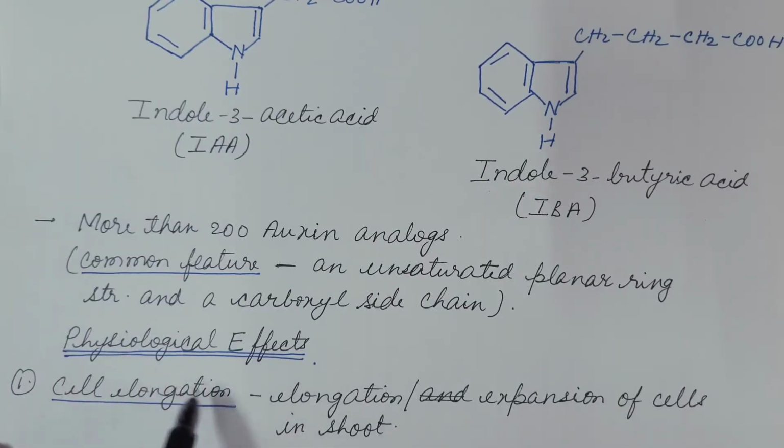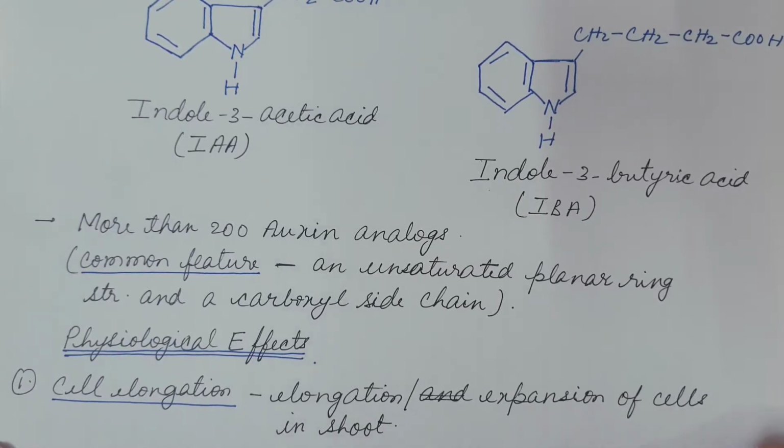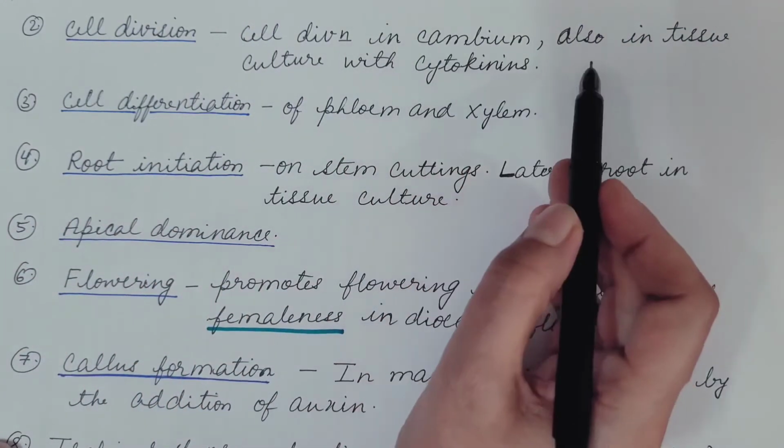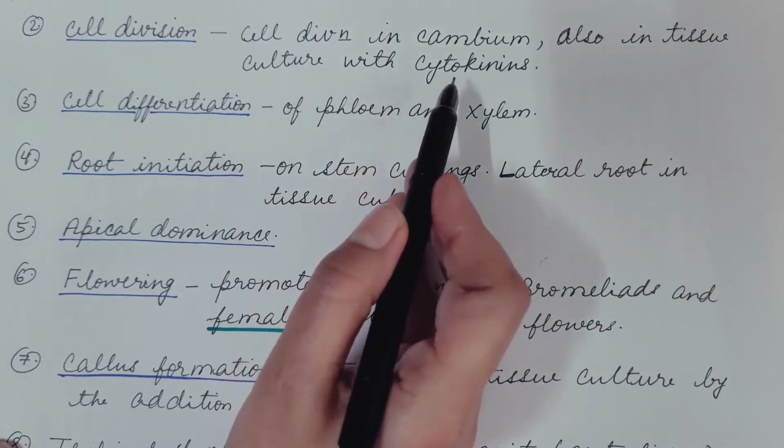Now let us see some of the physiological effects of auxins. First is cell elongation. It stimulates elongation or expansion of cells in shoot. Cell division. It stimulates cell division in cambium and also in tissue culture with cytokinins.